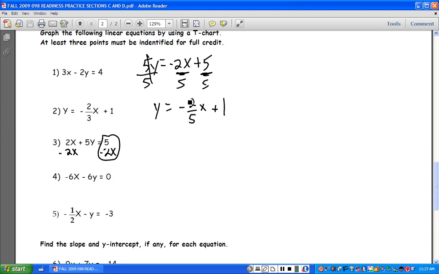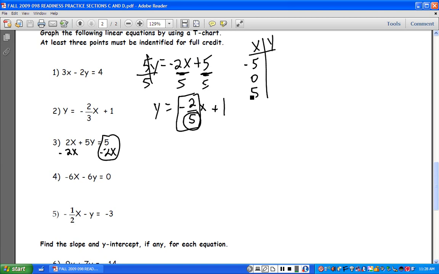So we've solved for y. We have our base equation here. Now we're ready to make our T-chart. Again, our slope, our m, is a fraction, so we're going to make our x values be centered around that 5 in the denominator. So negative 5, 0, positive 5.